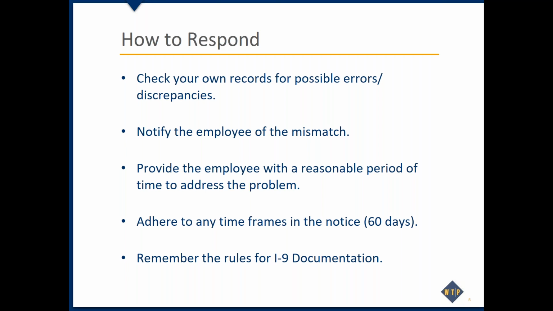Obviously, if an employee gives you a valid employment authorization document as part of the I-9 process, and otherwise their I-9 is complete and the only issue is the Social Security number, then they're not necessarily unauthorized. It may be that they have been using somebody else's Social Security number.